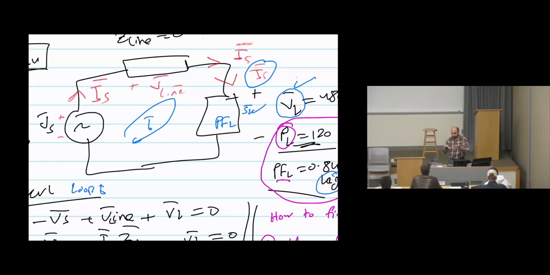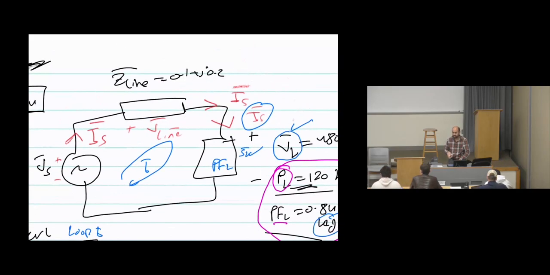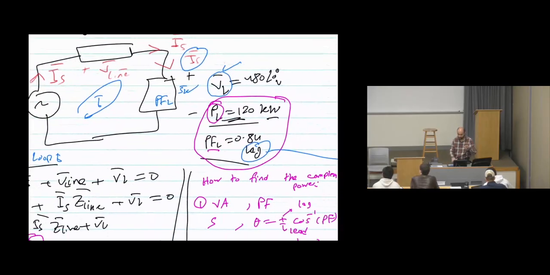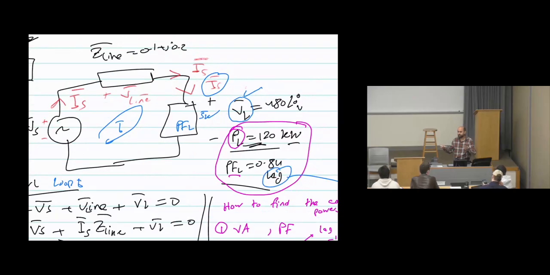That can be correct if there is no line impedance. So the thing here, we have a line impedance. This will impact the power factor. If the circuit is just source and load without a line impedance, then the power factor of the source is the same as the power factor of the load. But here what matters is we have a line impedance that plays an important role.